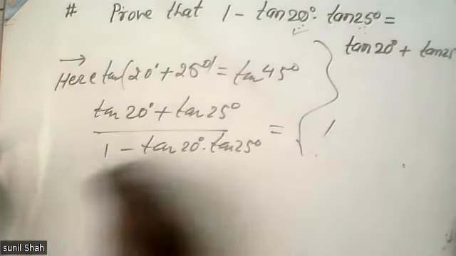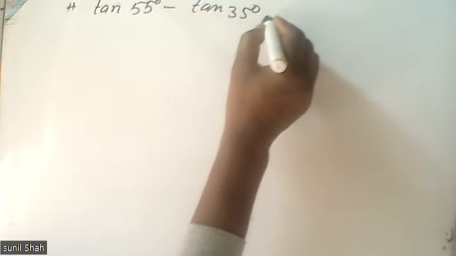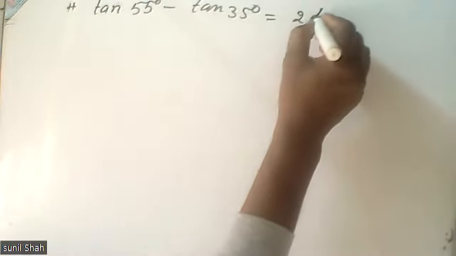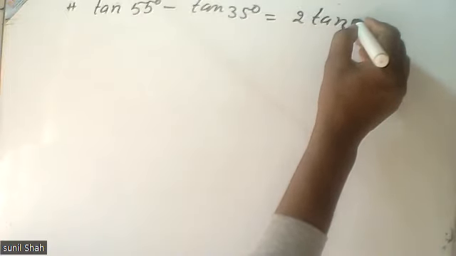Now next, tan 55 minus tan 35 is 2 times tan 20. Prove that. Tan 55 degree minus tan 35 degree is equal to 2 times tan 20 degree.